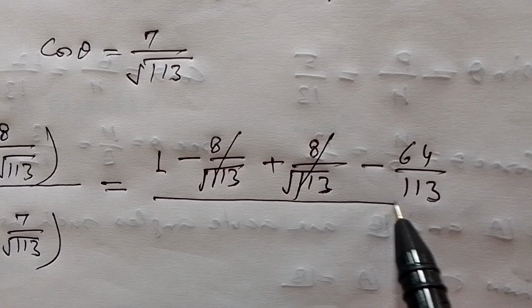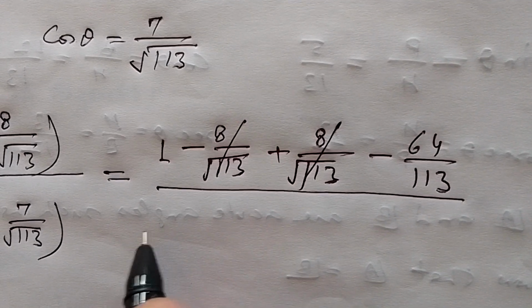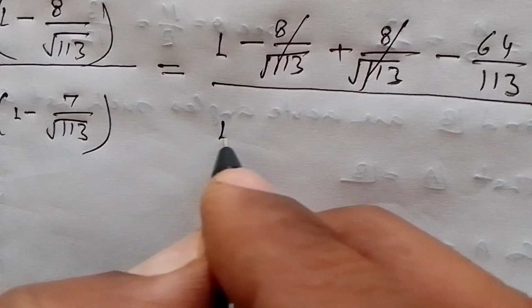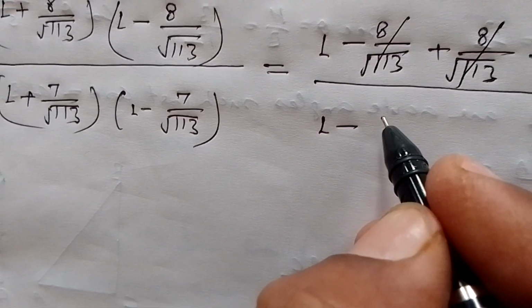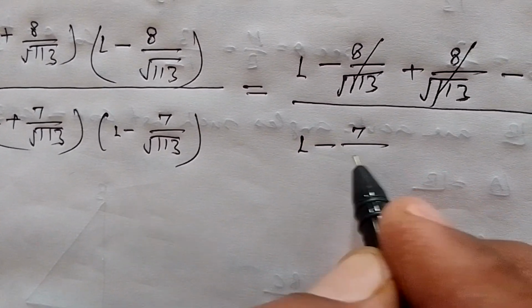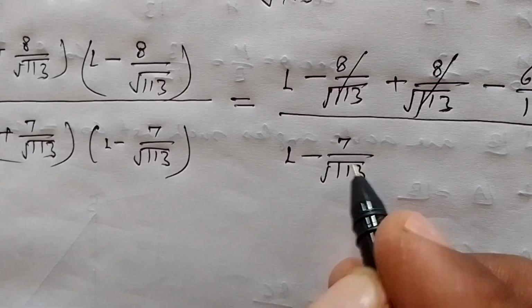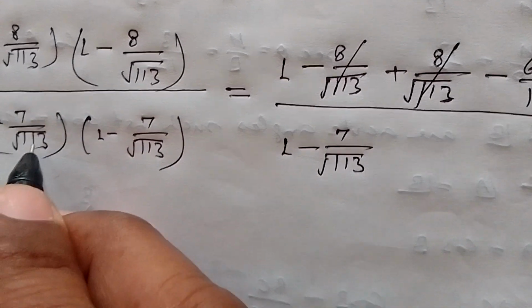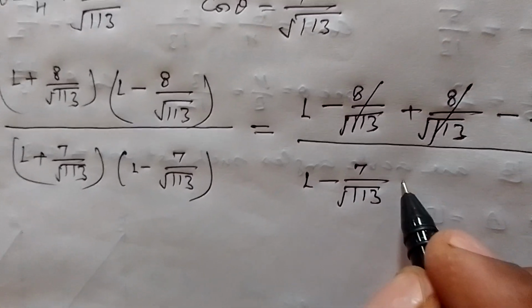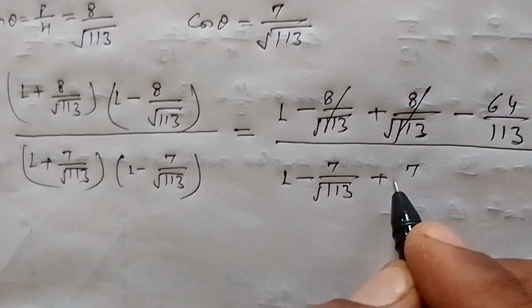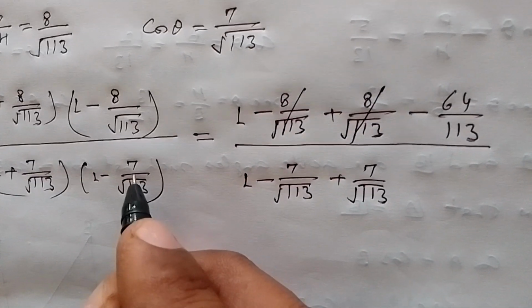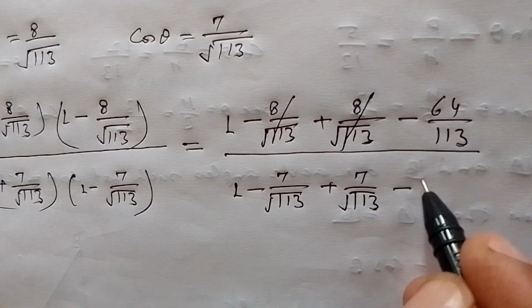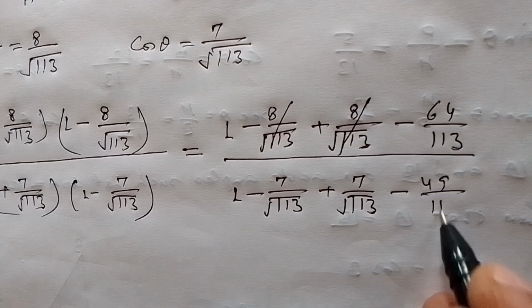Now in the denominator case, 1 multiplied by 1, then 1 multiplied by minus 7 divided by root 113 comes out to be minus 7 by root 113. Similarly 7 over root 113 multiplied by 1 comes out to be 7 by root 113, and 7 multiplied by 7 is minus 49 divided by 113.